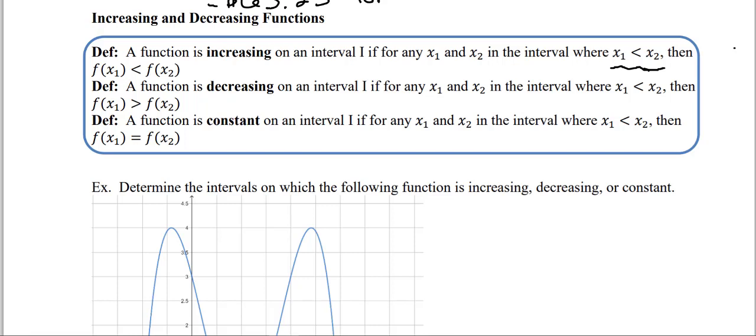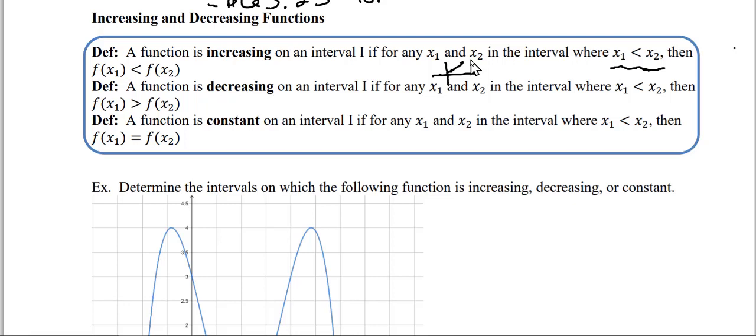Then f of x1 less than f of x2 means the y value is smaller. So a smaller x value, further to the left, gives you a smaller y value. So you're going to have an increasing function. That's the mathy language there.